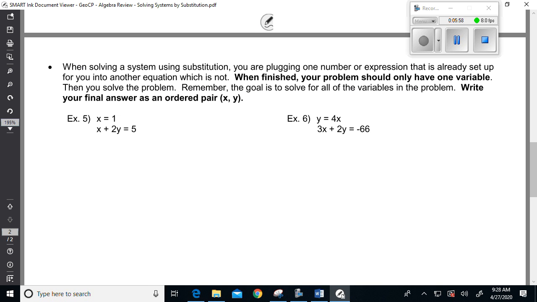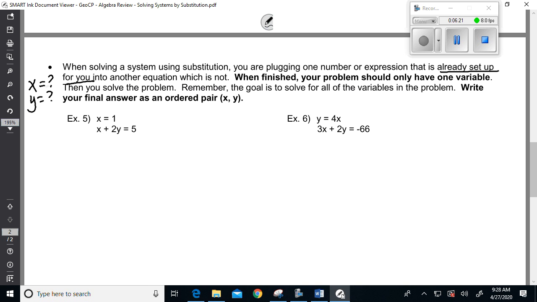So the term already set up for you means x equals something or y equals something, or whatever variable they so happen to be using for you. When finished, your problem should only have one variable. So that's a clue to let you know whether or not you did it correctly.